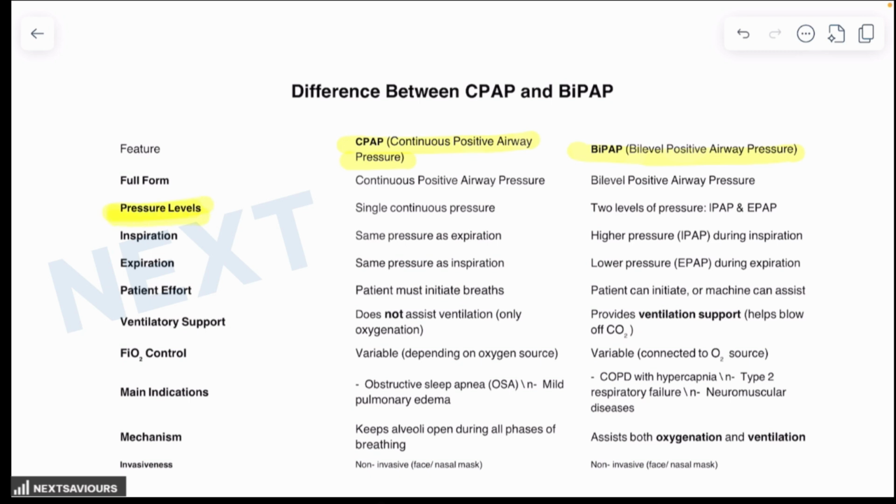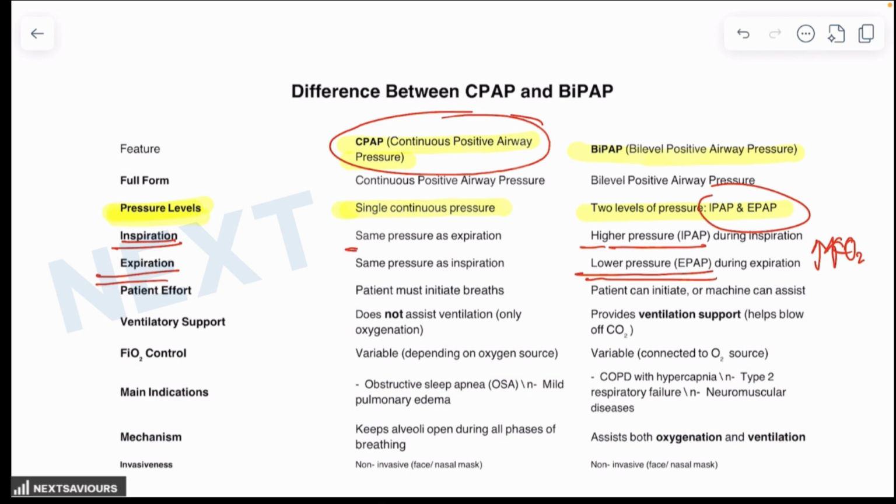CPAP provides a single continuous pressure, but here we have two levels of pressure. That means inspiratory and expiratory pressures are different. How? During inspiration, BiPAP has a higher pressure, while during expiration it provides a lower pressure in order to wash out more carbon dioxide from the lungs. In CPAP, the pressure is the same for expiration and inspiration.